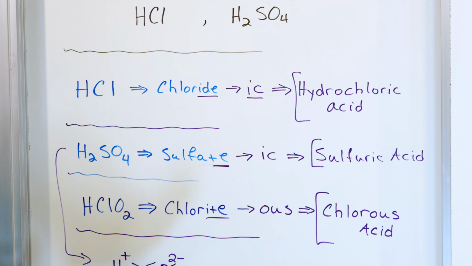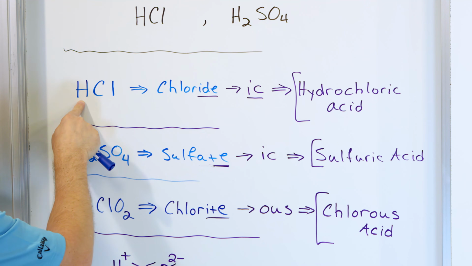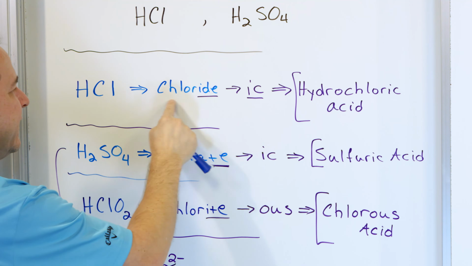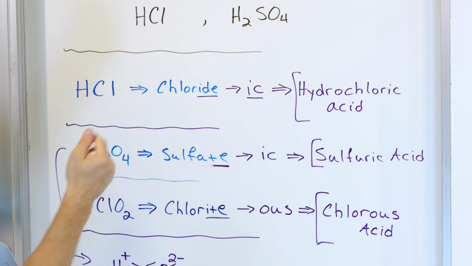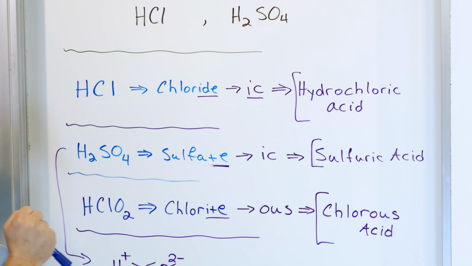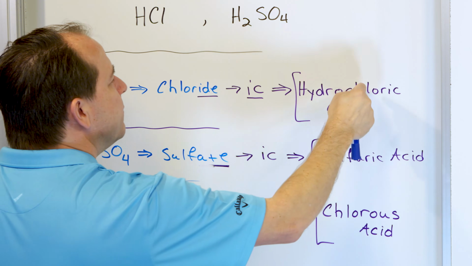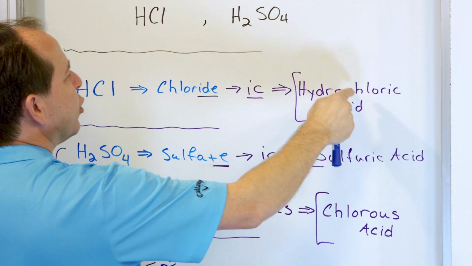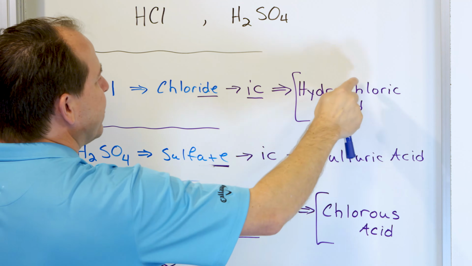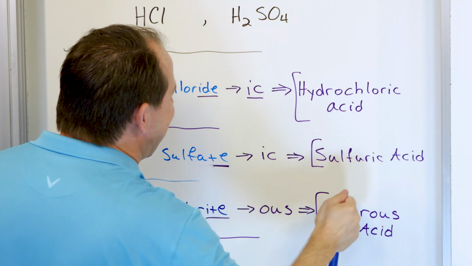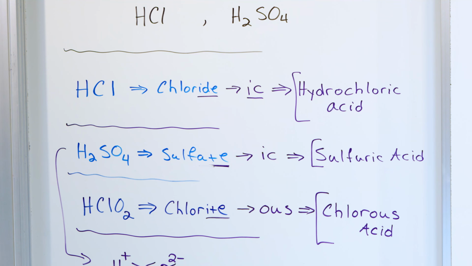And so then we have three main classes. You're going to have hydrogen connected to a simple IDE, an element of the periodic table, in other words, on the right-hand side, which are IDE ions. And you name it hydro blah blah ic acid: hydrochloric acid, hydrofluoric acid, hydrobromic acid, hydroiodic acid for iodine. That's how you name those, okay?